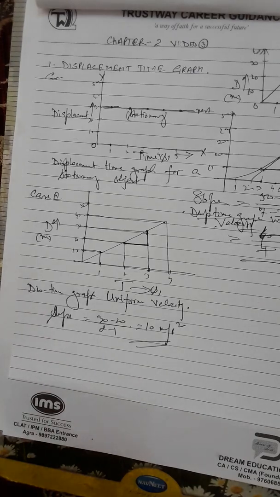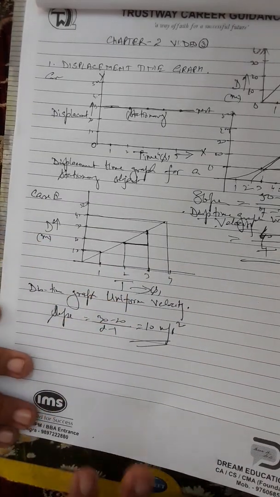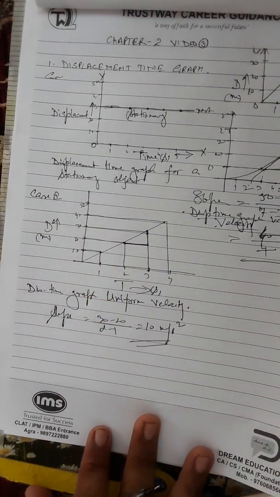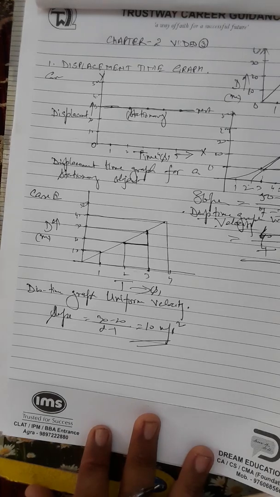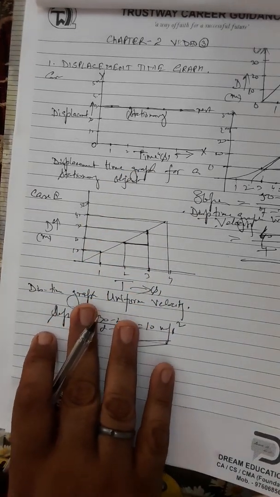Now the conclusion, you can just see what we have drawn. The conclusion from this is, if the displacement time graph of an object is a straight line parallel to the time axis, the body is stationary. Underline this on page number 38. Underline second graph: if the graph is a straight line inclined with the time axis, the motion is of uniform velocity.